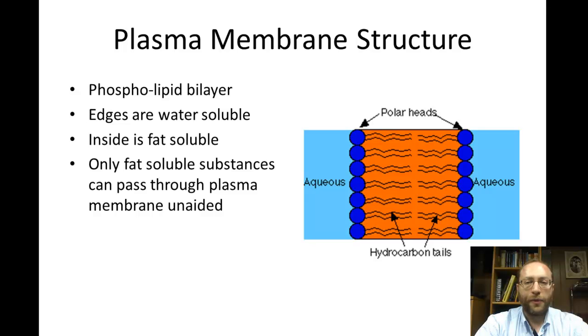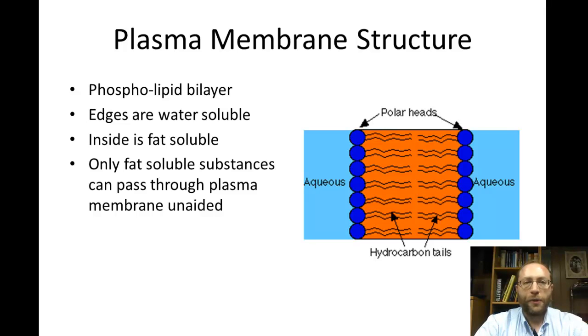Now most of the stuff that's in our body and what cells are found in has a lot of water, so it's water soluble. So what the plasma membrane does is that it makes its barrier fat soluble, so that most substances which are water soluble can't get through it, because they can't dissolve their way through it, just like the water can't go through the oil.